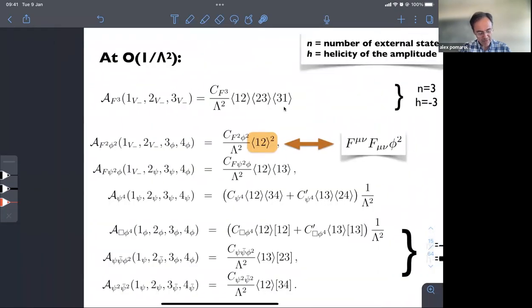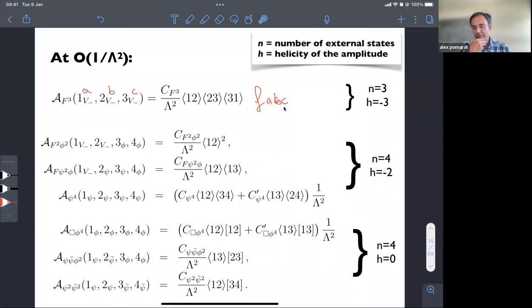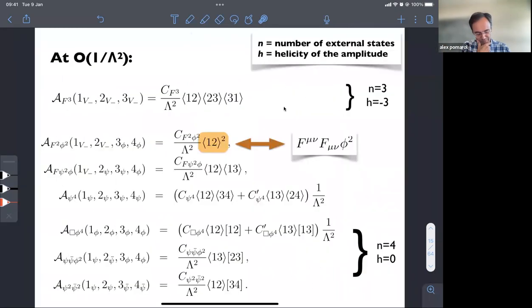Now let me make a little bit of contact with what you have done in effective field theories with the standard model. You have been talking about operators. These amplitudes are of course related to operators that were introduced to you before. For example, this one with two vectors and two Higgs is related to an operator you already saw in your effective field theory: two gauge boson field strengths F mu nu contracted with two scalars.